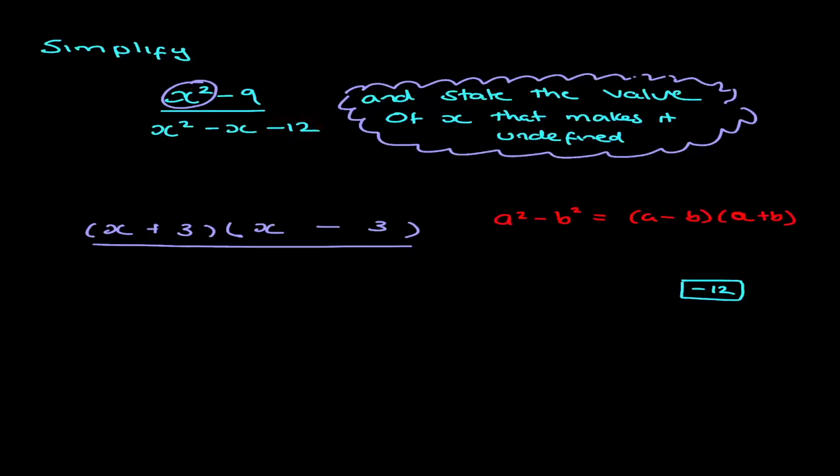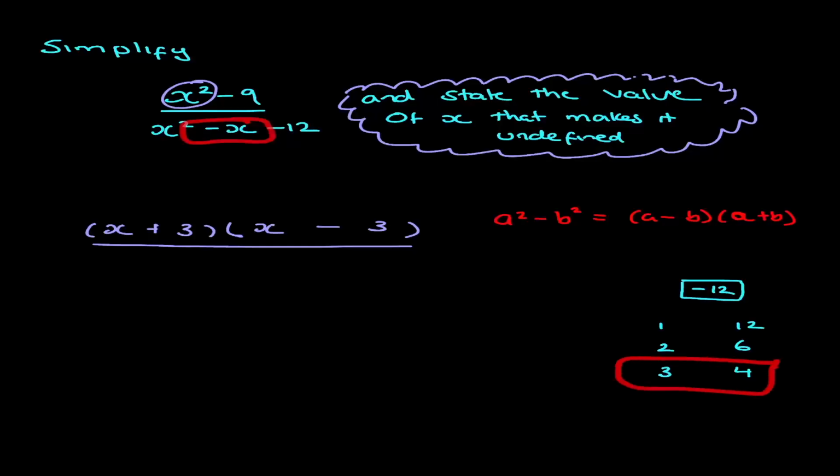When it's a negative, it means that the signs have to be different, because that's the only way you could get a negative. So let's write out the multiples of 12, and then we'll talk about signs. Multiples of 12 are 1 times 12, 2 times 6, and 3 times 4. And they're the only multiples of 12. So out of those, which would add together to give me a -1?